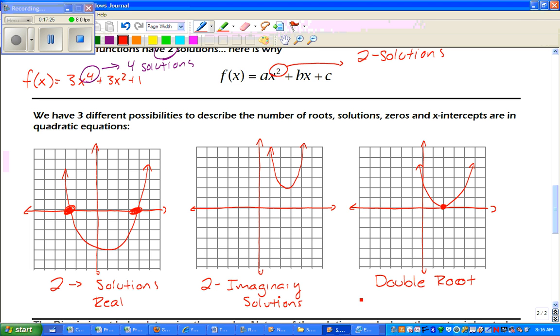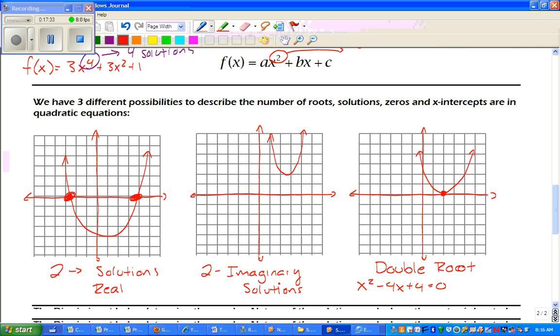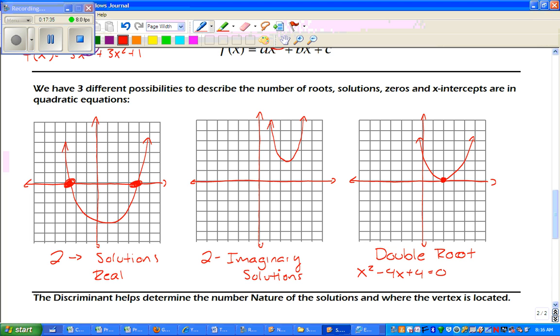I'm going to show you an example of a double root so you can understand it better. If I gave you the equation x squared minus 4x plus 4 equals 0, you can factor this. What are the factors of 4 that add up to a negative 4? Negative 2 and negative 2. So that would be x minus 2 and x minus 2 equals 0.